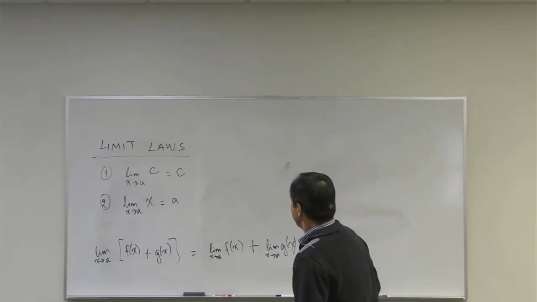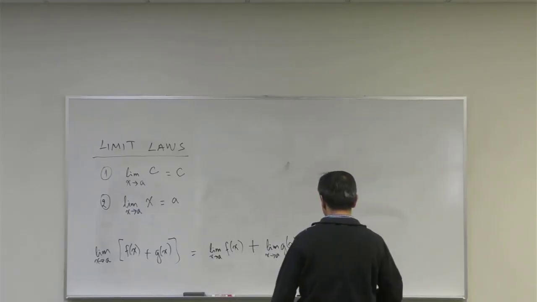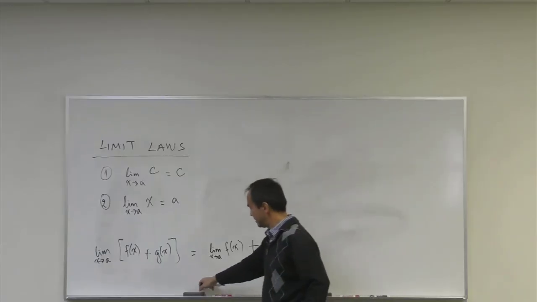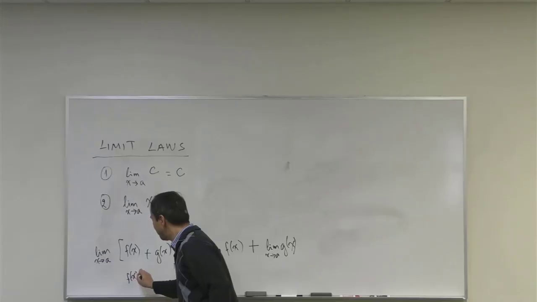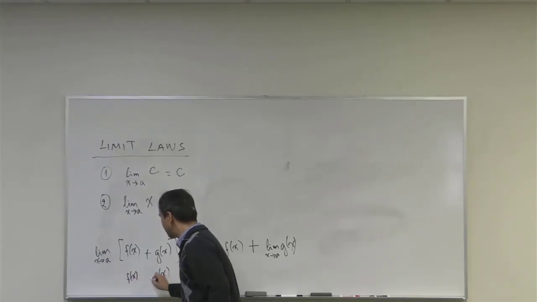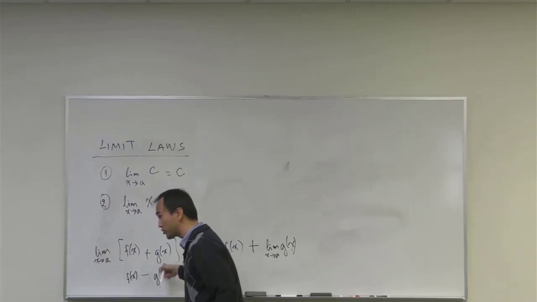Okay. So this rule works similarly in the case where you have two functions connected by subtraction. You can also produce another function that comes out as a difference of two functions.